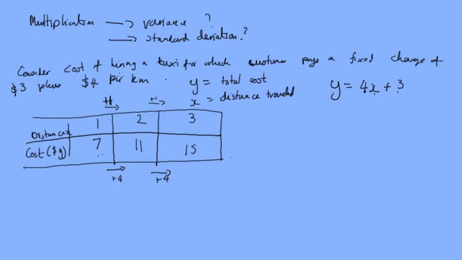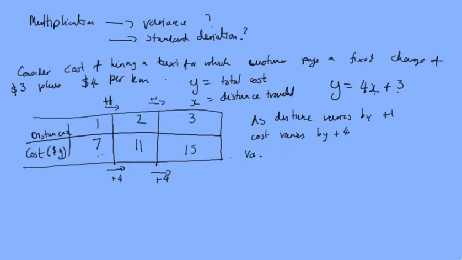So as distance varies by plus 1, the cost varies by plus 4.